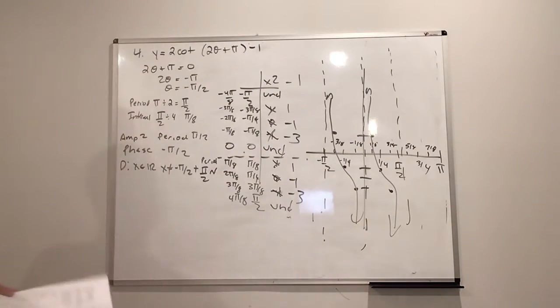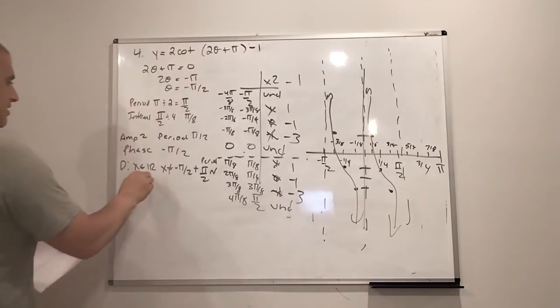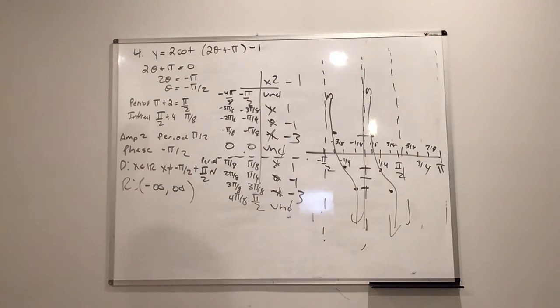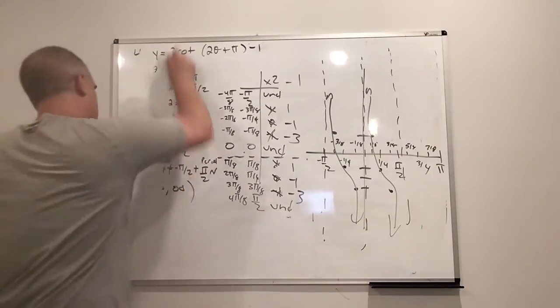If you apply the same concepts, that works. The range in this case, since it is a continuous function, will be negative infinity to infinity. Okay, moving on to the last graph.